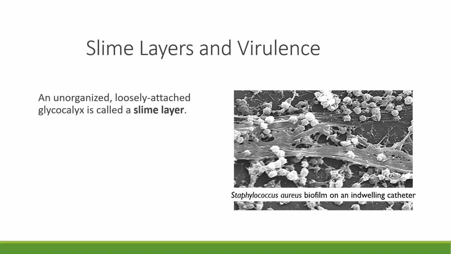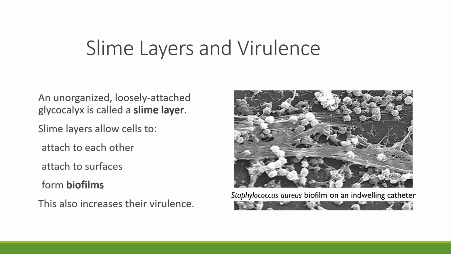An unorganized and loosely attached glycocalyx is endearingly called a slime layer. Slime layers allow cells to attach to each other, attach to surfaces, and to form what we call biofilms. 99% of bacterial cells in nature exist in the form of biofilms. As you can see in this image to the right, slime layers also can increase the virulence of organisms.